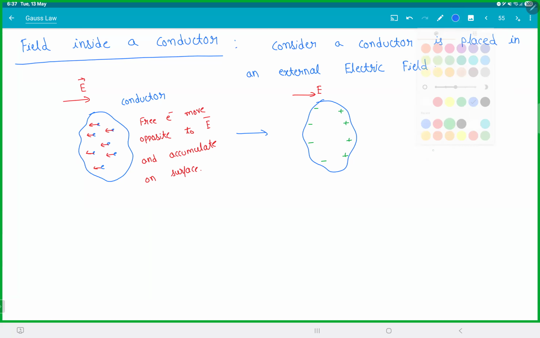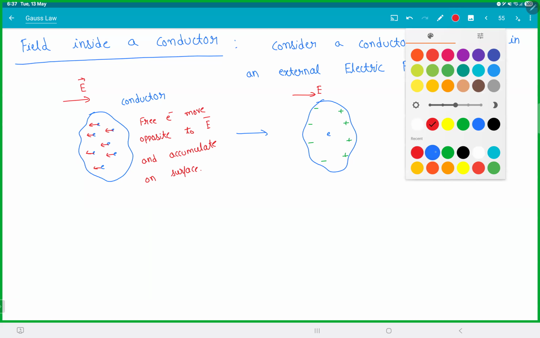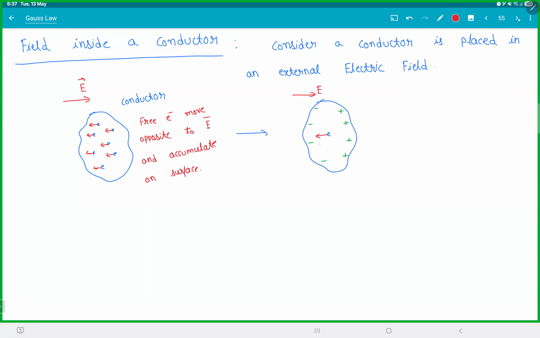Now if you look at an electron here, it is experiencing two forces. It experiences a force due to this external field, E into E. It also experiences a force due to the induced charges. So this is an intermediate stage.